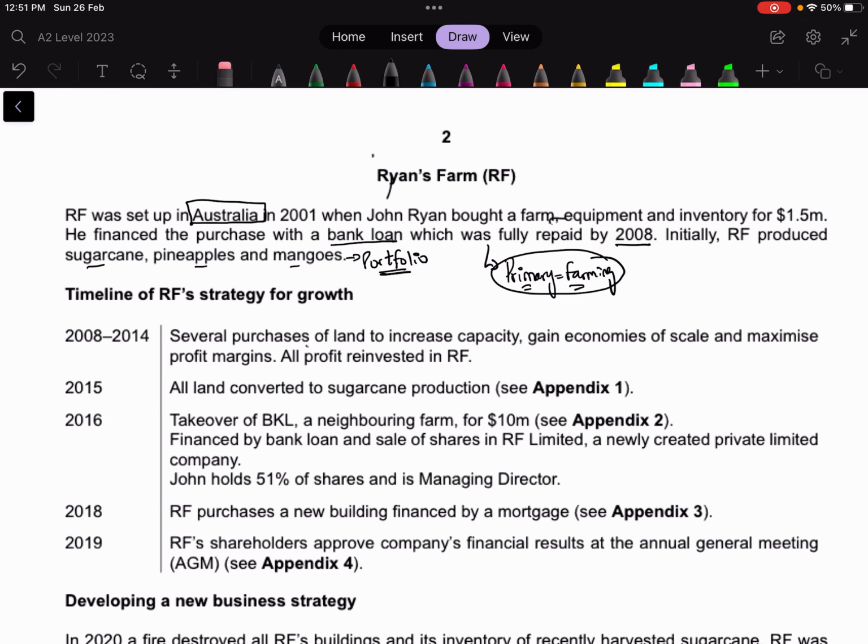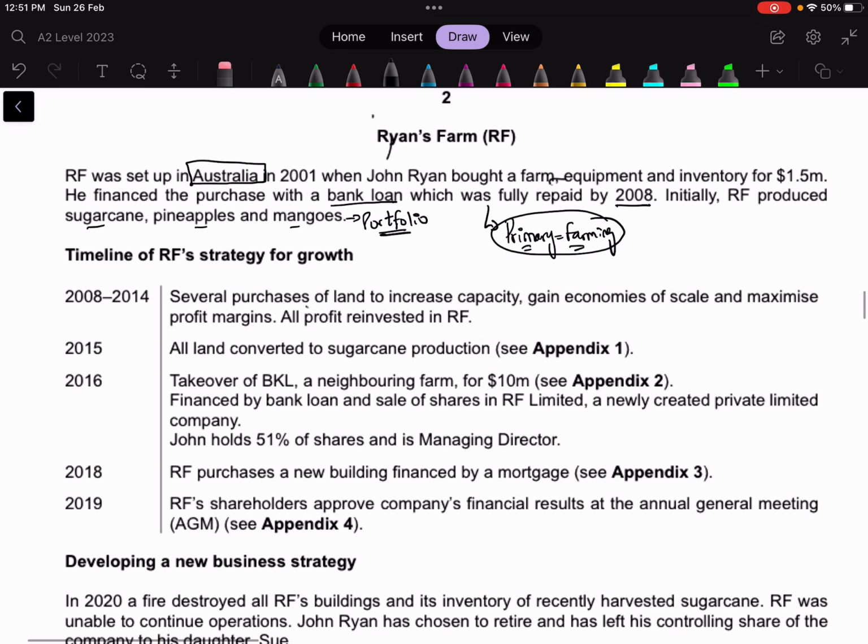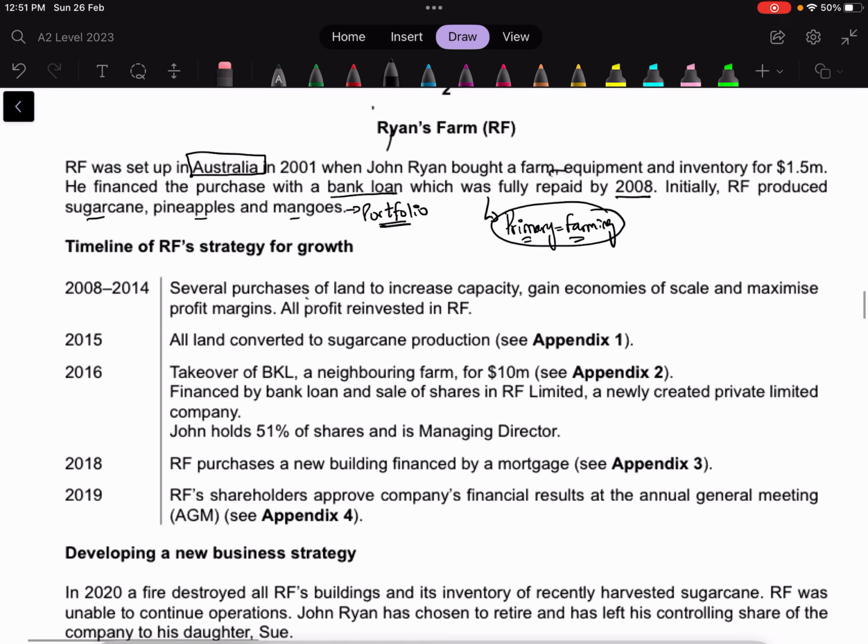All right, so let's move on. Now here in this question, there's a timeline given to you. As you can clearly see, it ranges from 2008 to 2019, making sure that candidates use these pieces of information in their answers. Let me give you a quick way to approach this question.